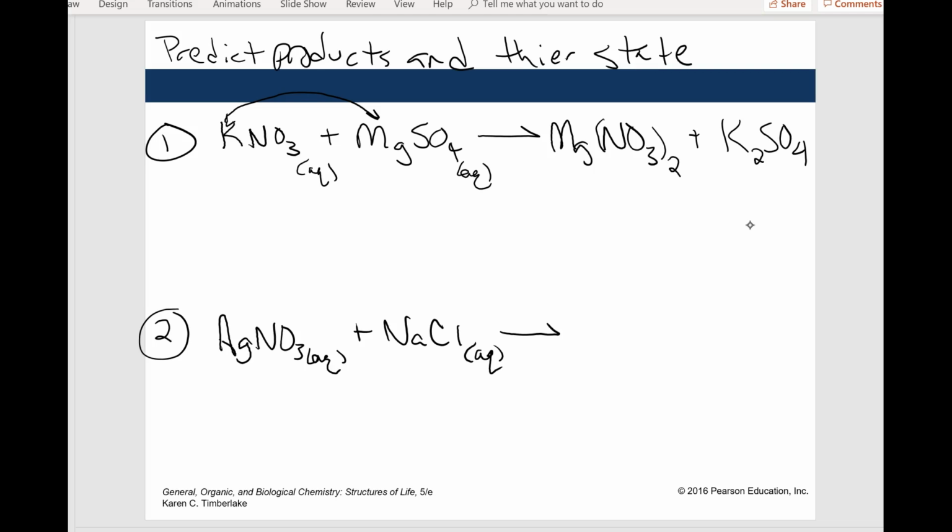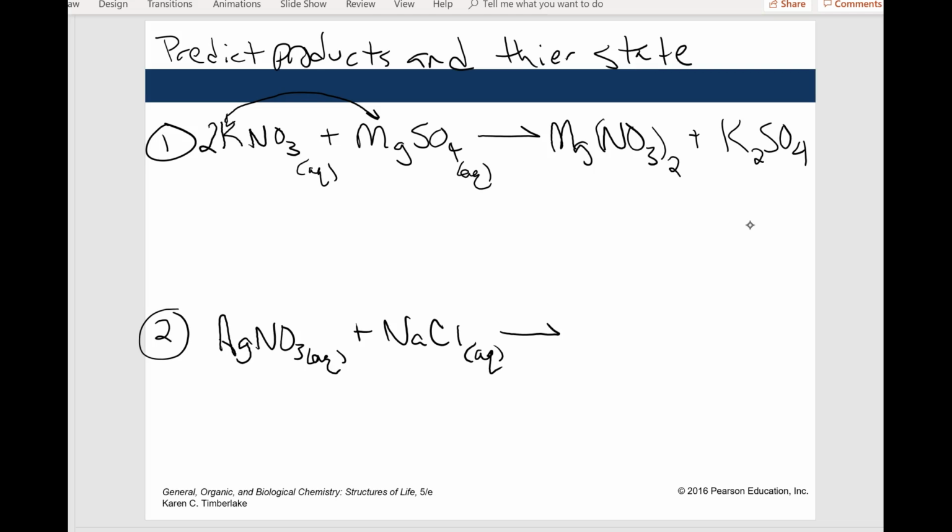So to balance, I have 1 potassium, 2 potassium, 1 nitrate, 2 nitrate, 1 magnesium, 1 magnesium, 1 sulfate, 1 sulfate. Again, I like to start with the most complicated anion, which is our nitrates. I have 2 on my product side, only 1 on my reactant side, so how do I balance that?